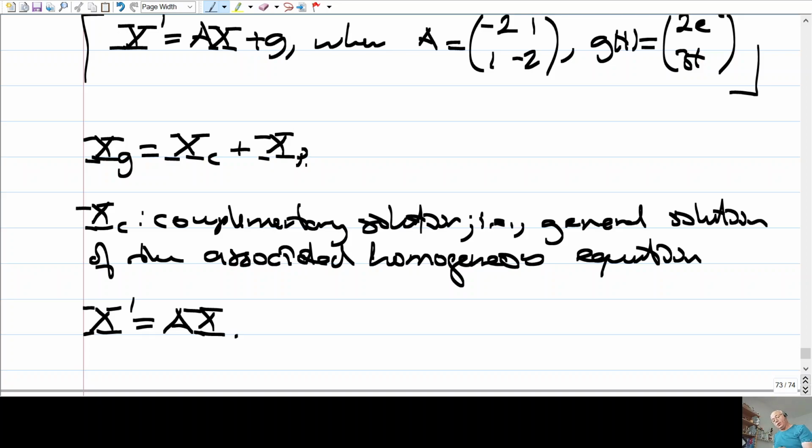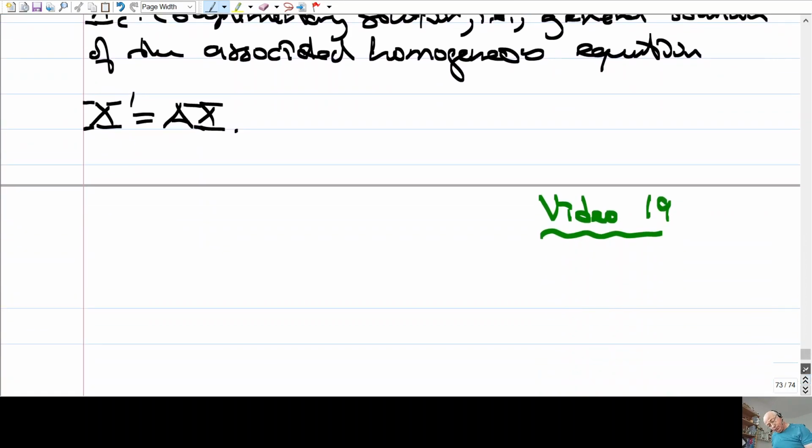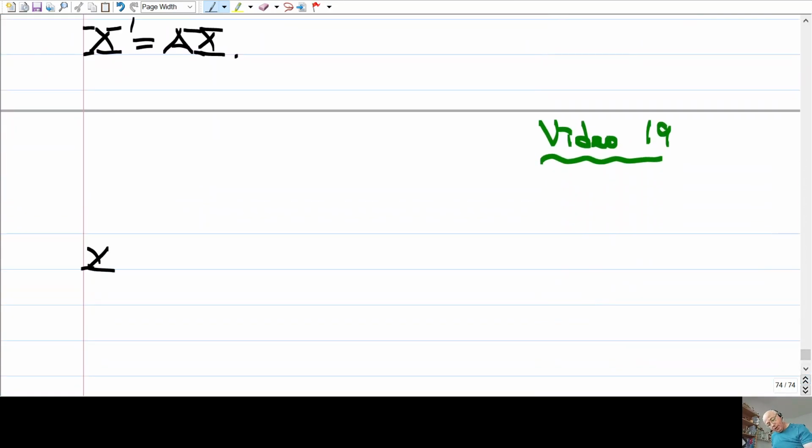We will use the method we described last time. All right, let's start with x_c. So my complementary solution, of course, will be obtained as the solution of the homogeneous equation.